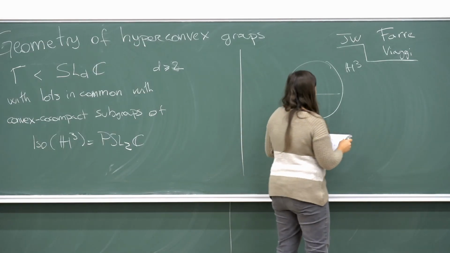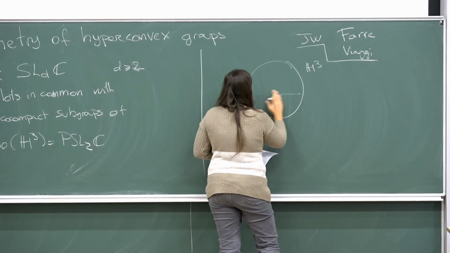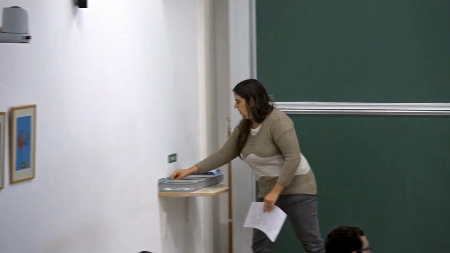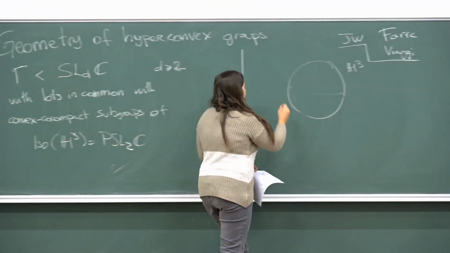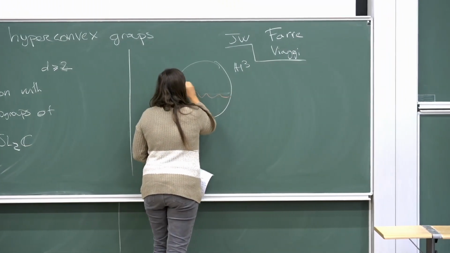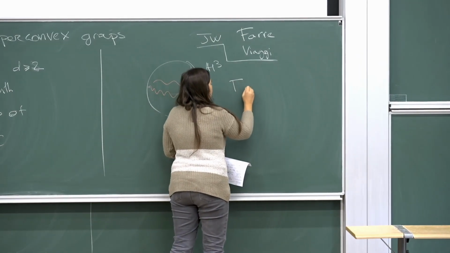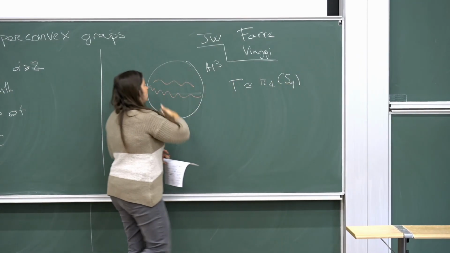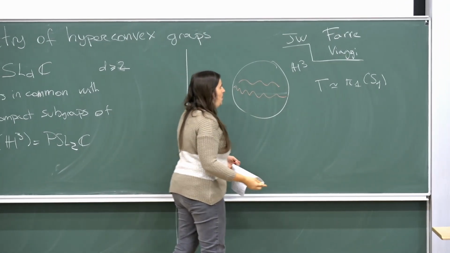Some examples of these settings are groups in quasi-Fuchsian space, which means that gamma is isomorphic to the fundamental group of a surface and acts on H^3 preserving a convex set and acting cocompactly.